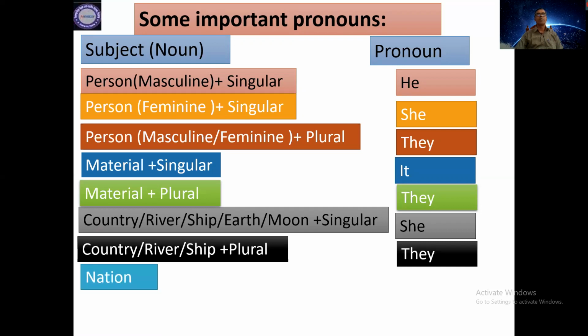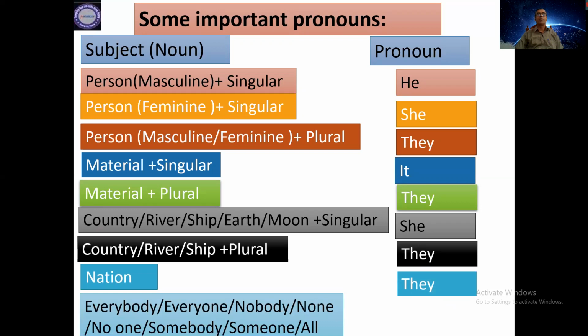Nation, the Japanese, the Bengalis, plural number: they. Everybody, everyone, nobody, none, no one, somebody, someone, all: their pronoun is they.